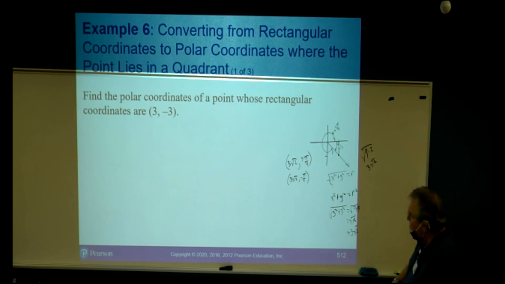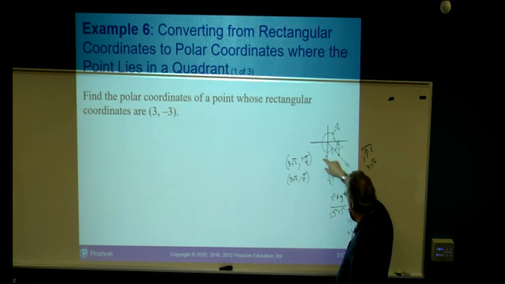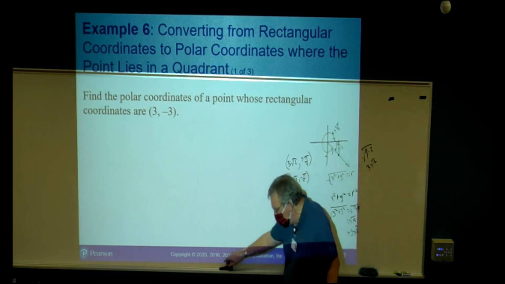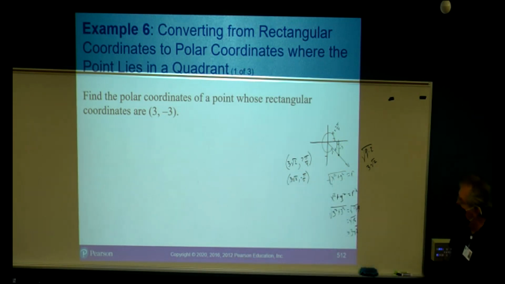And a lot of times what the textbook does, if you wind up in the 3rd or 4th quadrant, they deal with negative angles. And if you're in the 1st and 2nd quadrant, they deal with positive angles. It's just what the author is comfortable with.